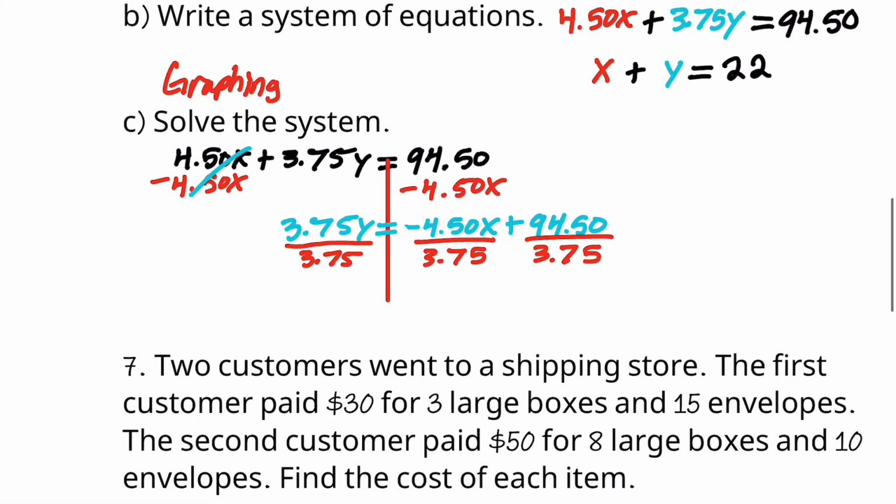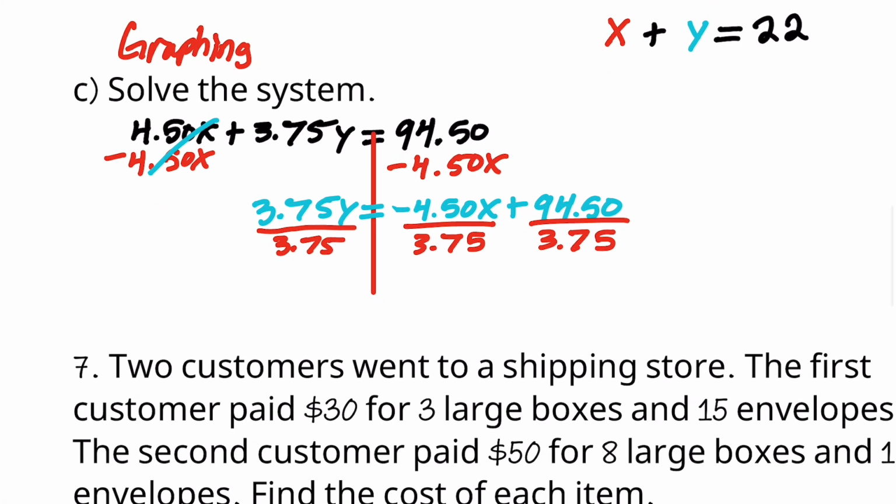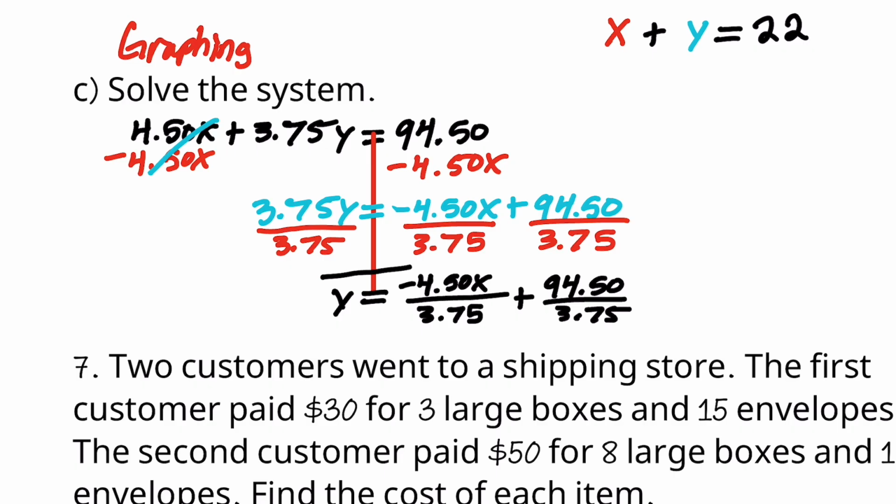Sometimes they're pretty numbers, but I just prefer fractions. If they are a pretty number, absolutely, you could use those pretty numbers. And 9450 divided by 375. And here is my first equation.